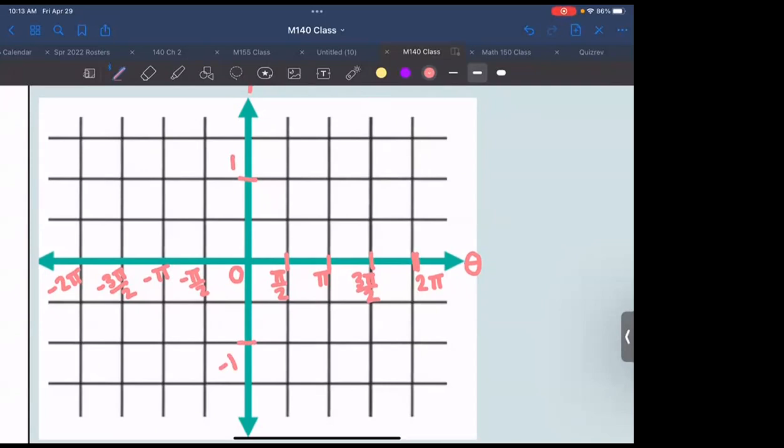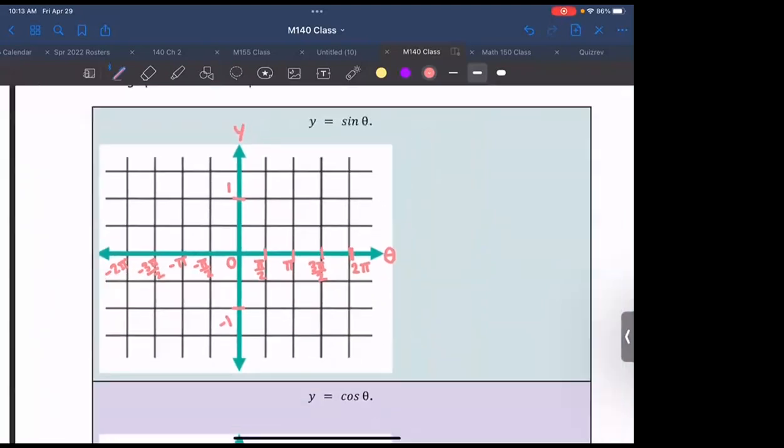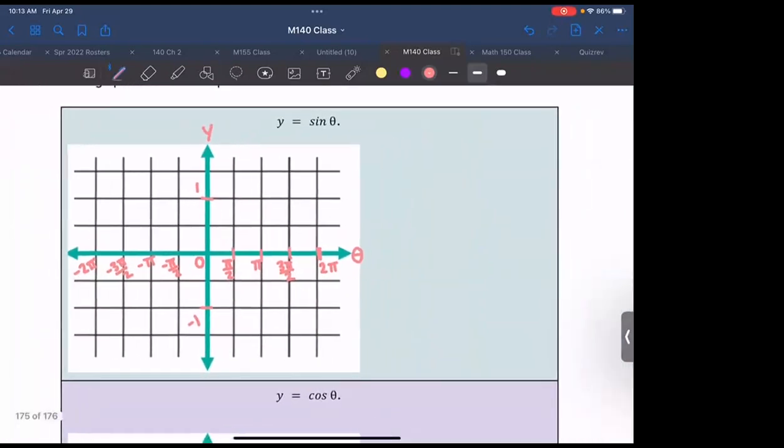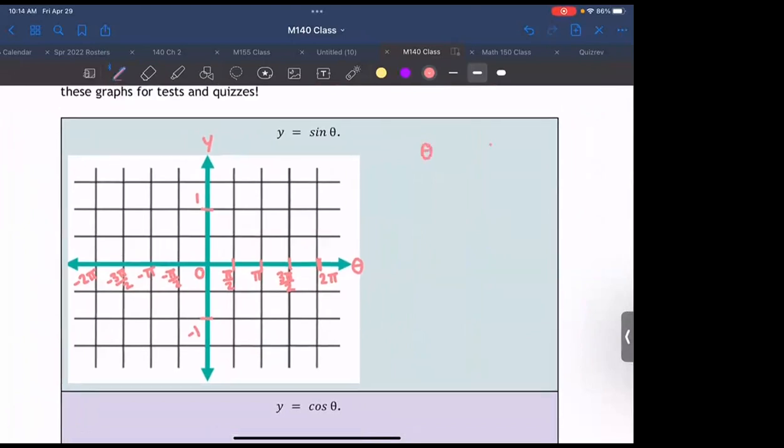Let's see if we can plot some values. Okay. The way I like to do this is just make an x and y chart, or in this case, a theta and y chart, right? Okay, and I'll plug in some values for theta and see what happens. Okay, now negative values we don't really like, so let's just do the positive ones.